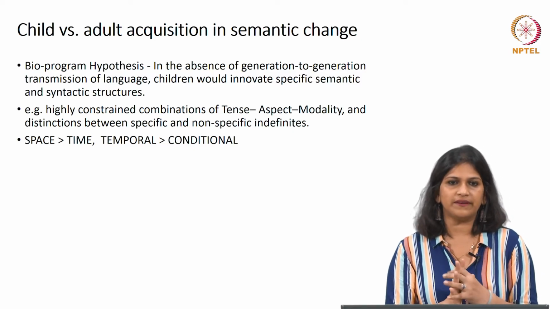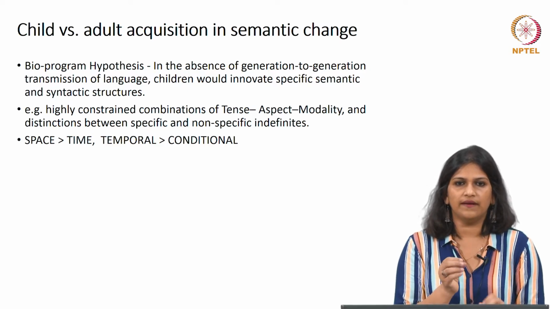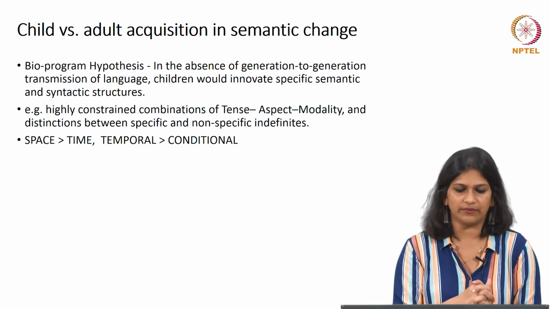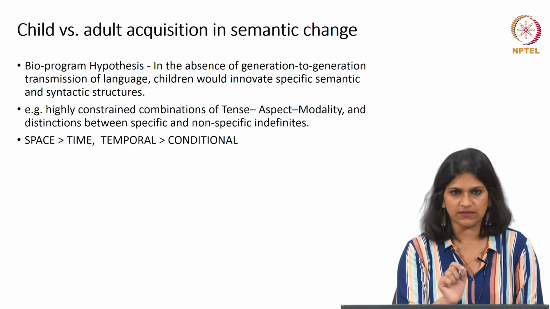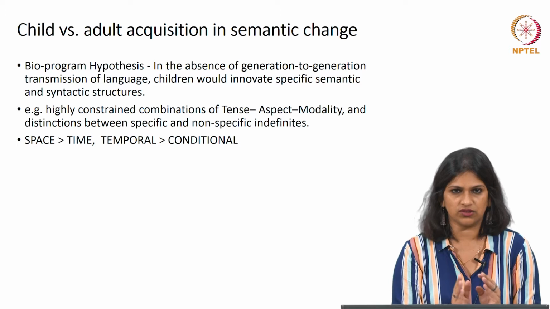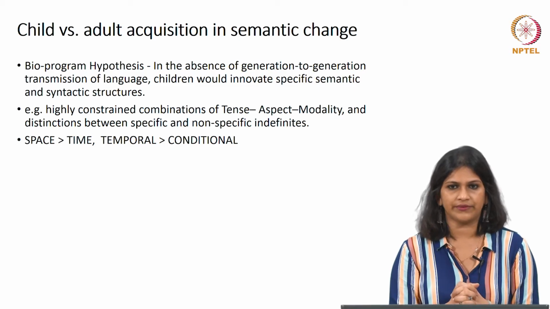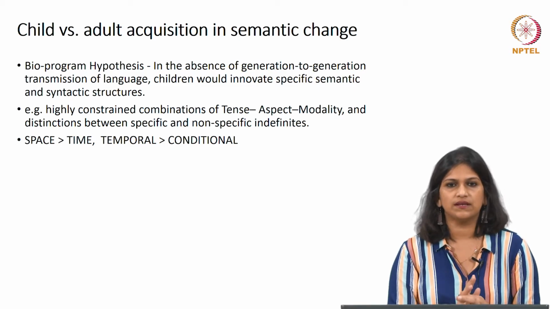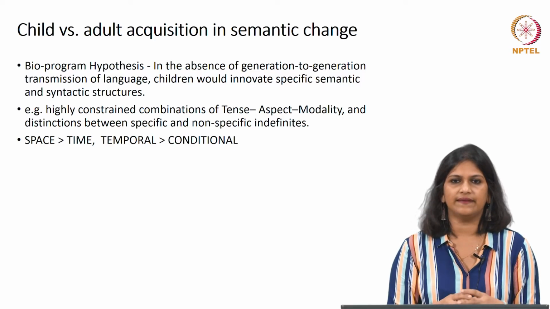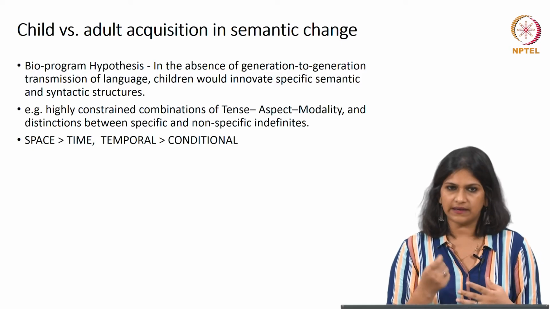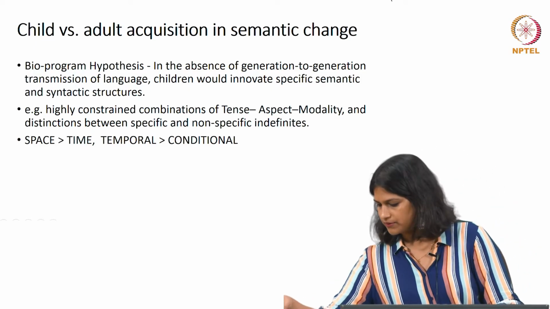If you study a bit of Hawaiian Creole, especially if you look at the generation to generation transmission of language, there is a particular hypothesis known as the bioprogram hypothesis. This is what I will focus on to understand semantic change in child versus adult acquisition. The bioprogram hypothesis claims that there is evidence from the development of at least one language, and I forgot to mention it in the slide, so I am going to write it over here.